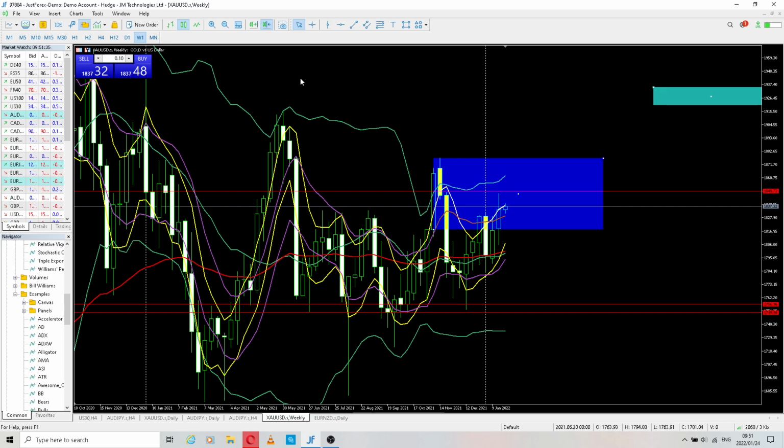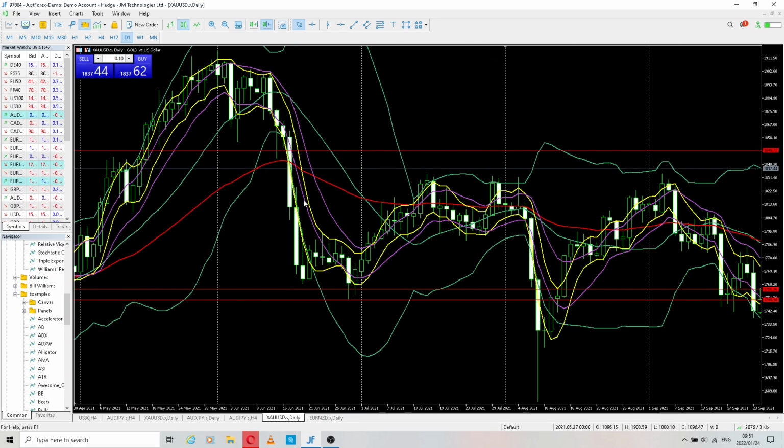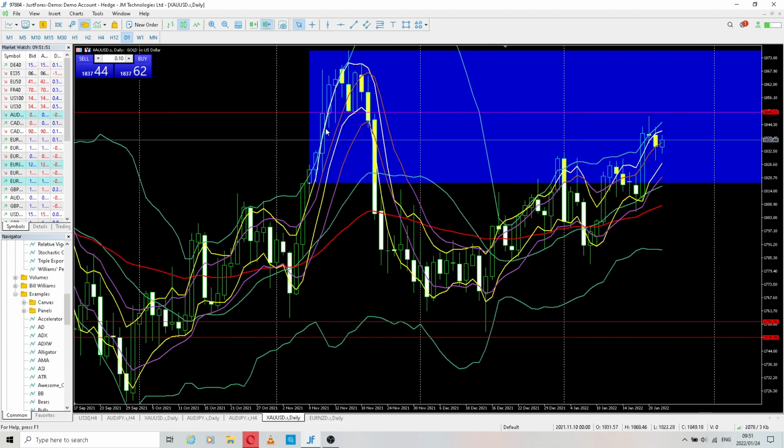Let's look at daily. On a daily time frame, guys, what we have here is this Dominion break candle that went to the downside.